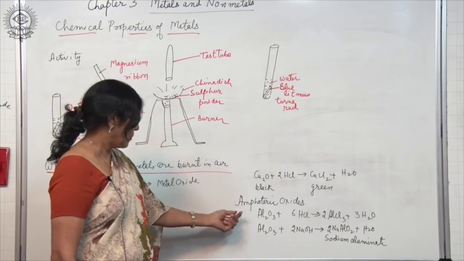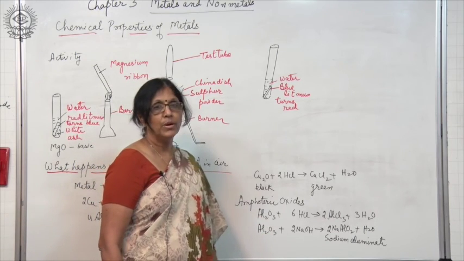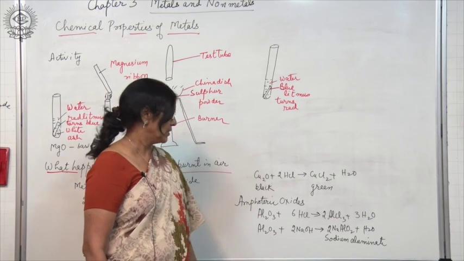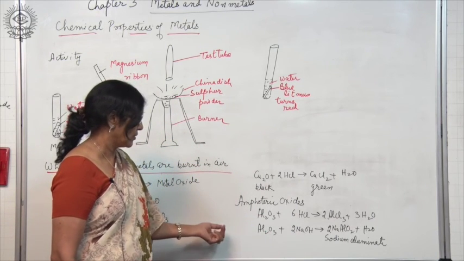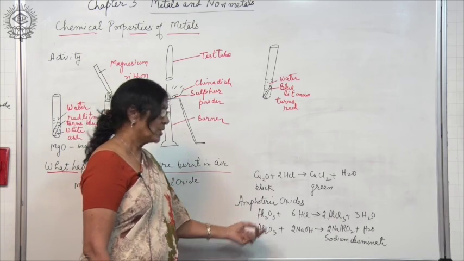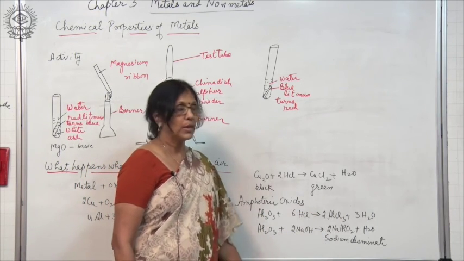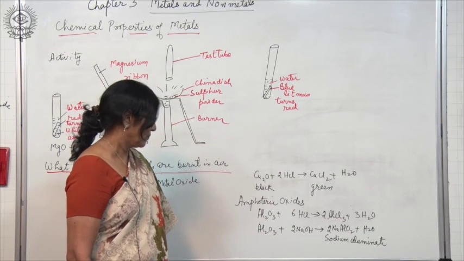One example of amphoteric oxide is aluminium oxide. Al2O3 reacts with hydrochloric acid and forms aluminium chloride and water. So, the balanced chemical equation is Al2O3 plus 6HCl gives 2AlCl3 plus 3H2O.